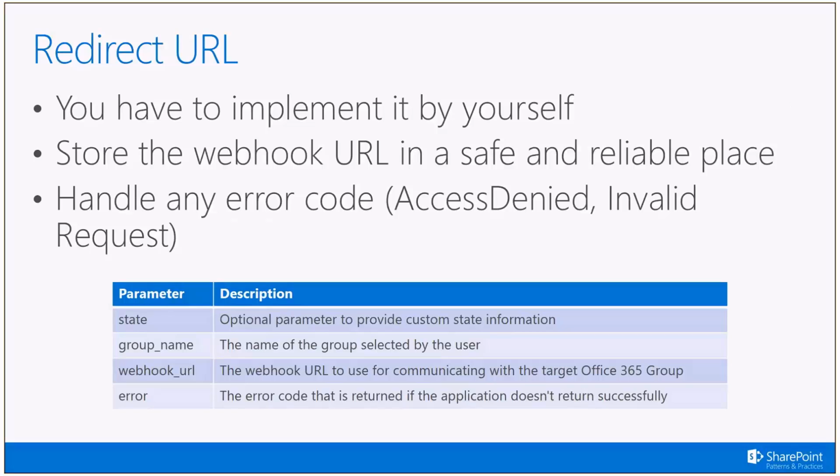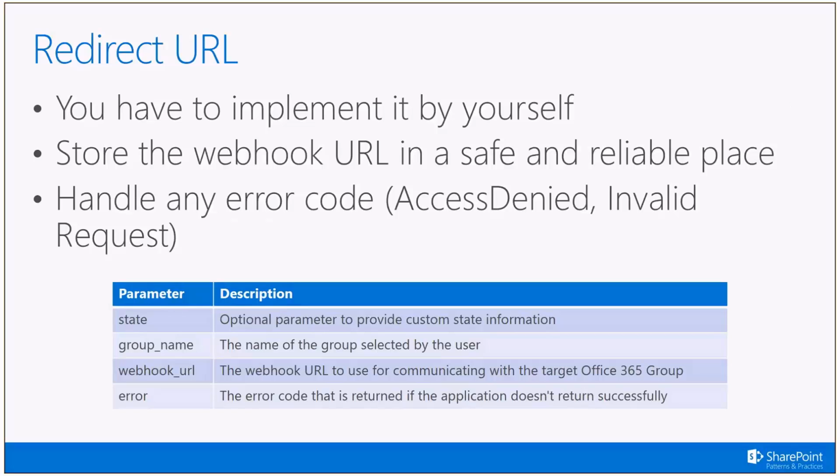The first one is the state, which is the one you can provide in the previous screen just to give some custom information to your connector. There is the group name, which is the group to which the connector is going to be connected. There is the webhook URL, which will be the URL you will have to use to send all of your cards in order to target that specific group.